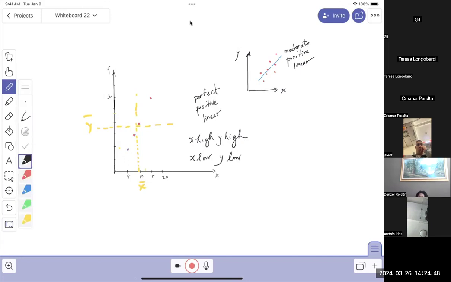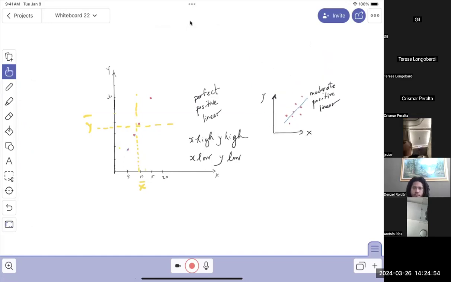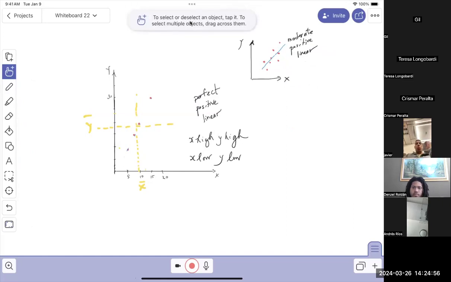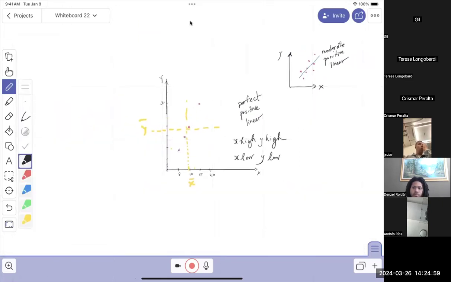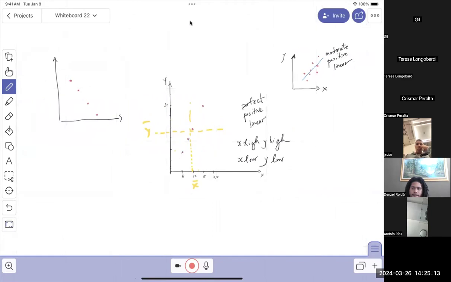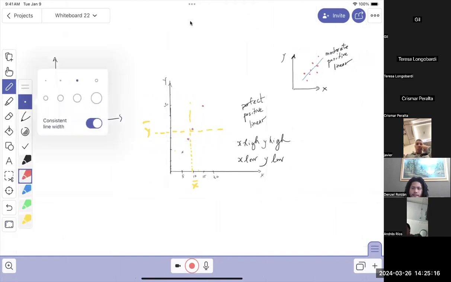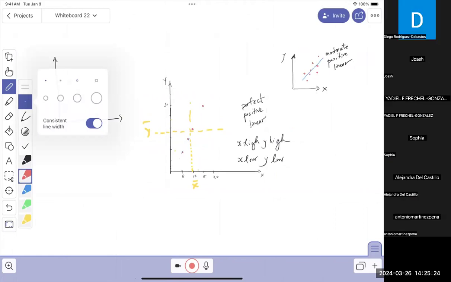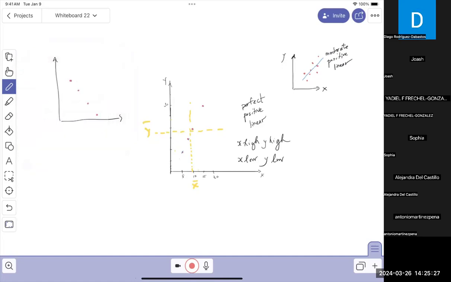So what about, let's put this here. How do you describe this relationship? Proportionally linear. Say it again.